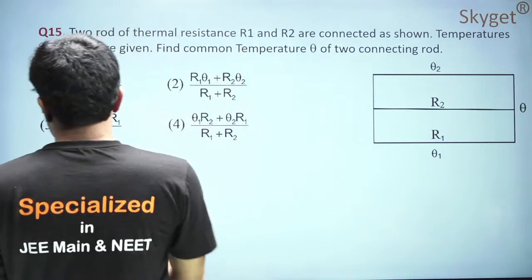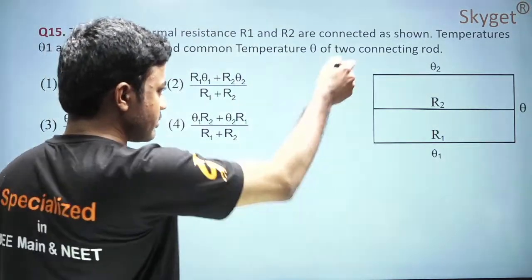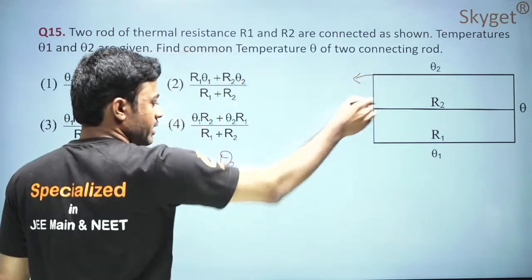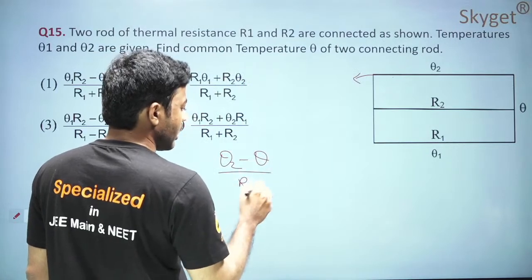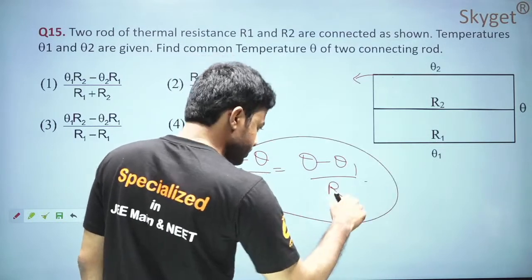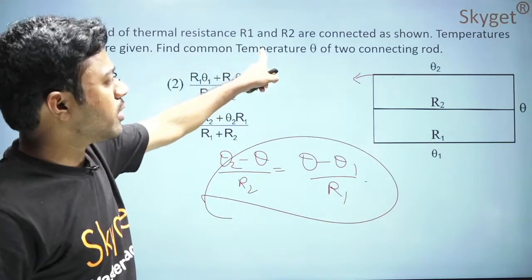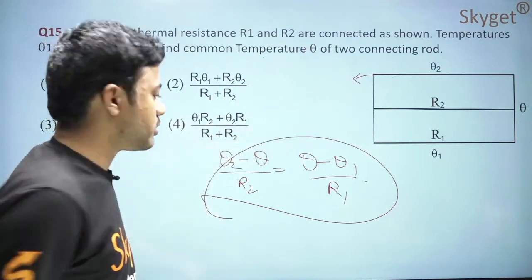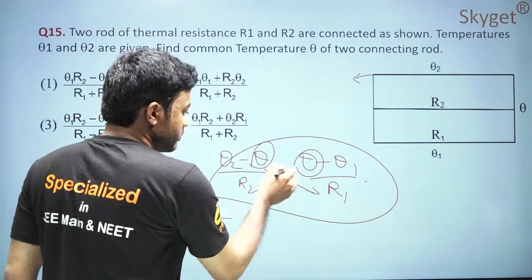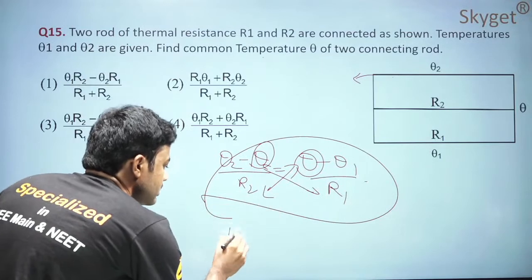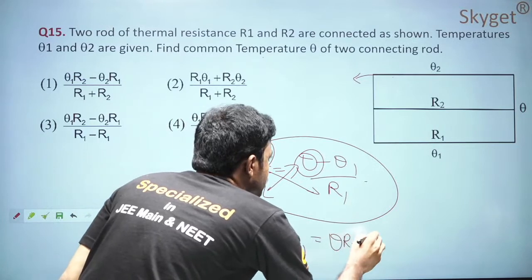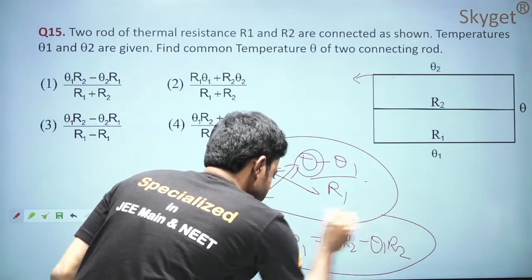So obviously here you have the relation where you can write the temperature theta2 of the upper rod minus theta by R2 is equal to theta minus theta1 by R1. Make this into a cross multiplication. Here you have to find the temperature theta of the connecting rod. So make the cross multiplication of these two equations, where you would get theta2 R1 minus theta R1 is equal to theta R2 minus theta1 R2.